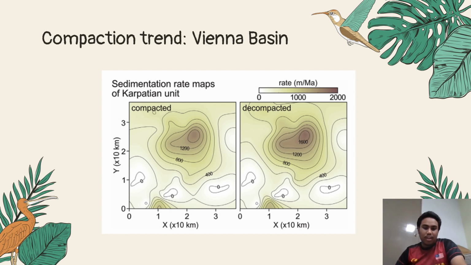For the other compacted layer, it is 1,200 meters. As you can see, the thickness reduces as the layer becomes a compacted layer below. The layer will be compacted as time increases.